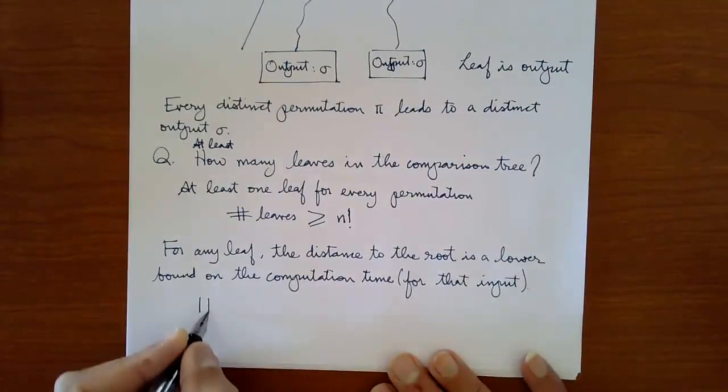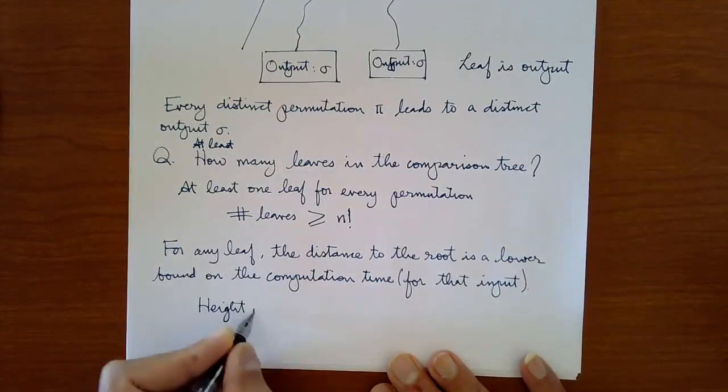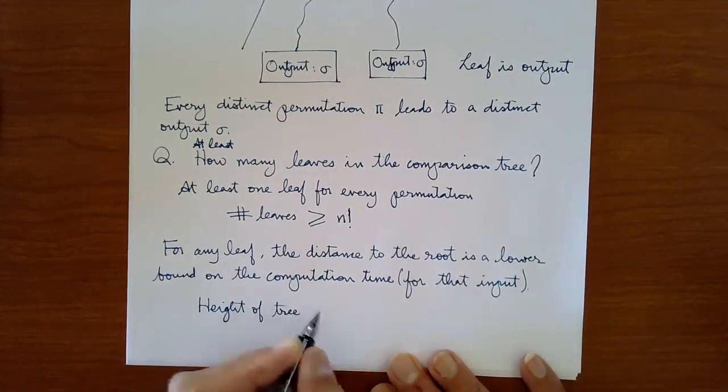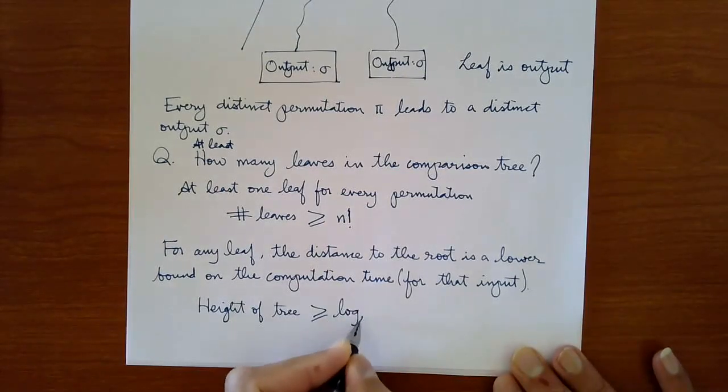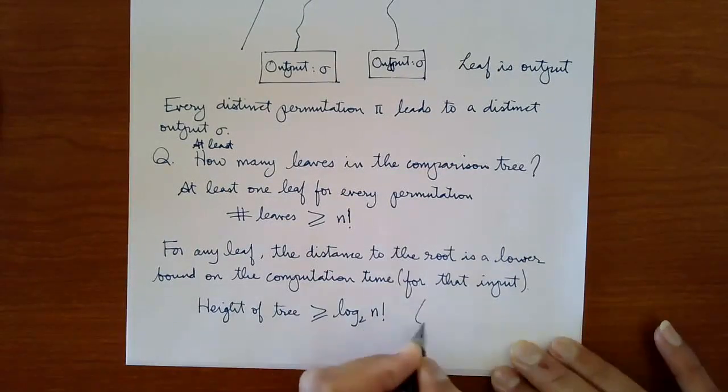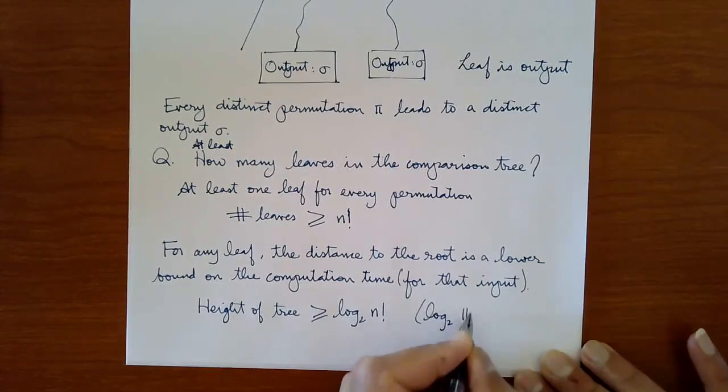And so the height of the tree is at least log base 2 of n factorial. Why? It's the log base 2 of the number of leaves.